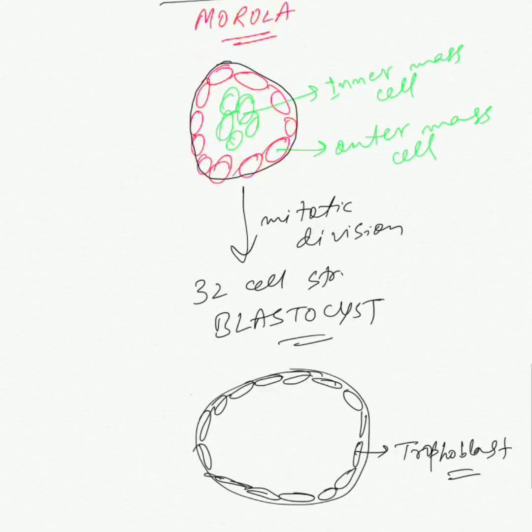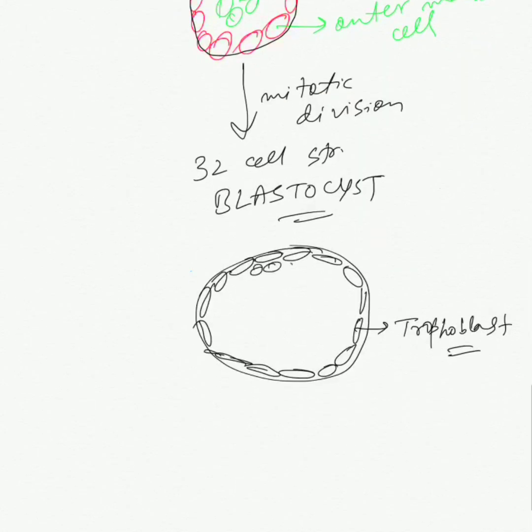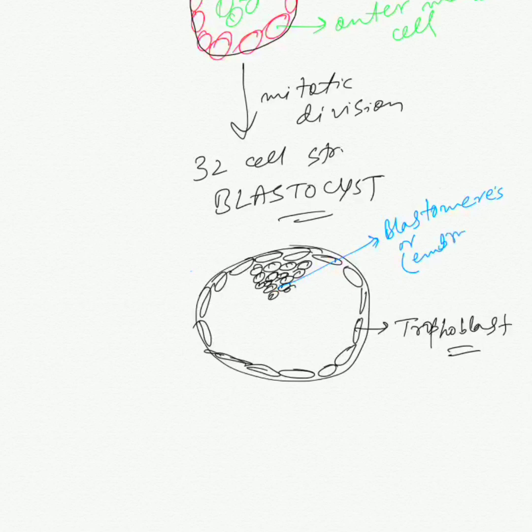And here, as you can see, the inner cell mass cells gather to form a grape-like structure. These cells are known as blastomeres or embryoblast.